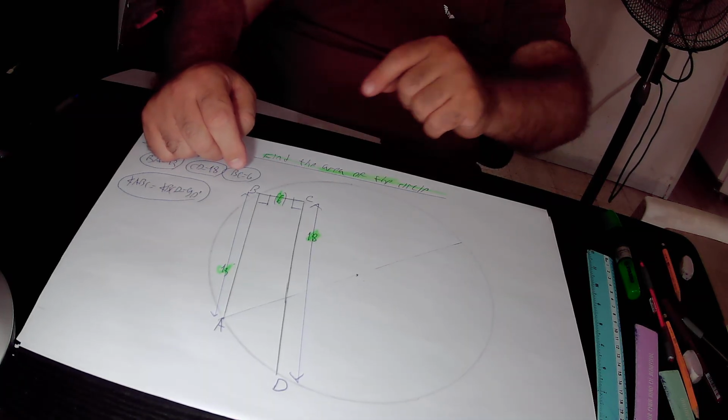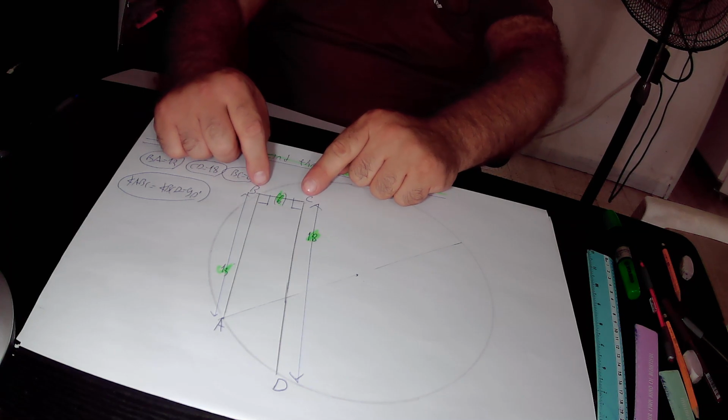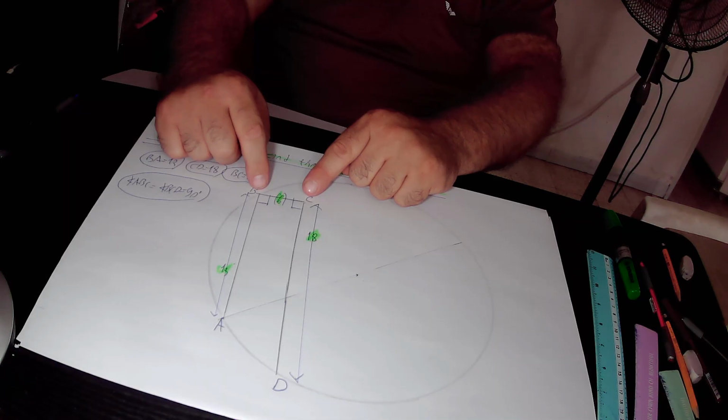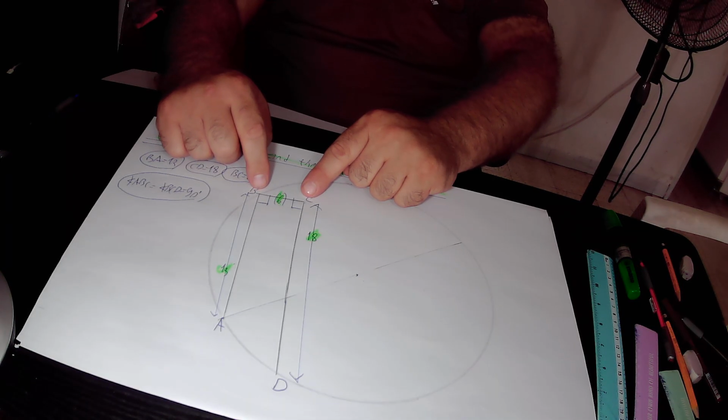First of all, we also know that those two angles are both right angles. Those two angles are defined as one-sided interior angles, and the sum of those two one-sided interior angles is 90 degrees plus 90 degrees, which is 180 degrees.